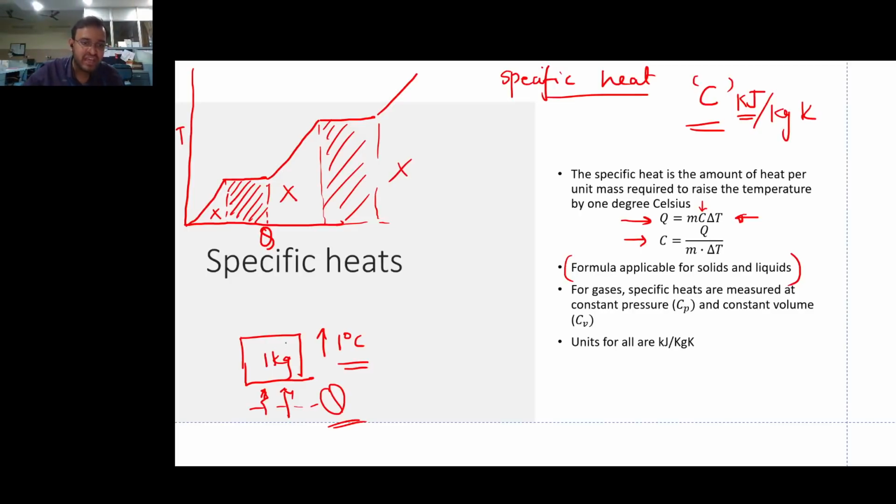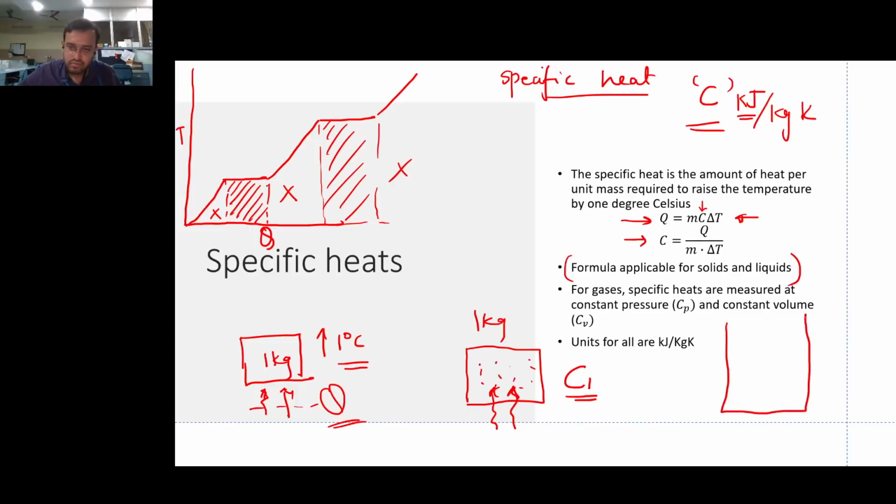If I take 1 kg of gas in a box, and try heating it up while keeping the volume constant, I will get one value of the specific heat capacity. However, if I put it in a piston cylinder mechanism and keep the pressure constant, if you'll recall, the last time we tried to keep pressure constant, we just kept some mass there.